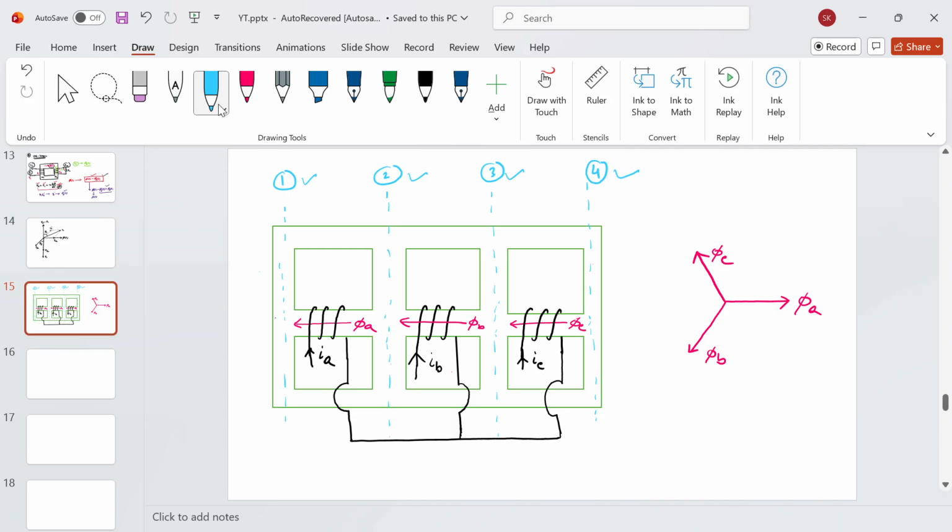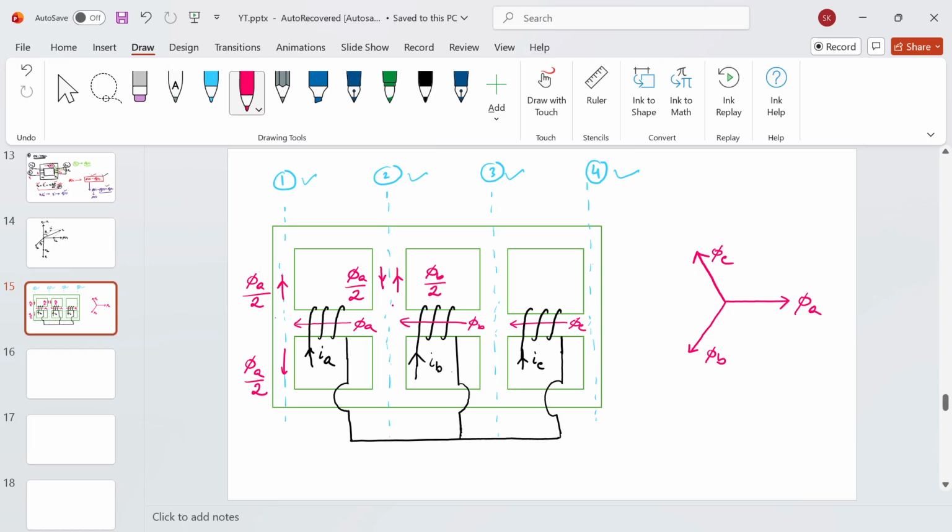Now for phase A, flux phi A is produced. Phi A by 2 will flow in this path, and again phi A by 2 flows in this path. For section 2, you have phi B by 2 in this path, and in this direction I have flux phi A by 2.